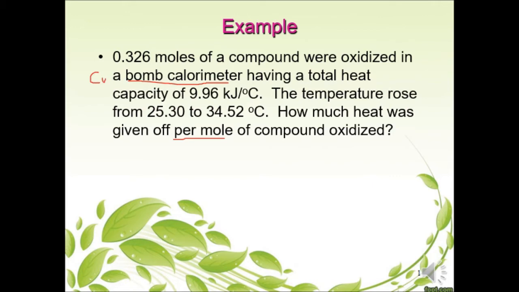So the heat capacity is given here. The C value would be 9.96 kilojoule per degree Celsius, because it is for every degree Celsius, similar to Kelvin also. So the question is asking for Q. So what is Q?